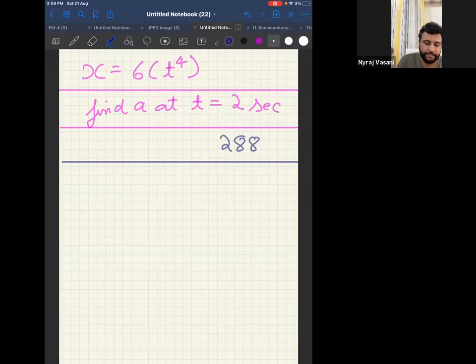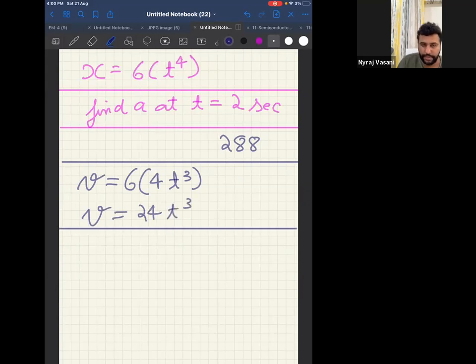Okay, now let us start. Velocity is differentiation of displacement, 6 as it is. Differentiation of t power 4 is 4t cube. So the velocity is 6 fours are 24t cube. Now acceleration: 24 as it is, differentiation of t cube is 3t square.